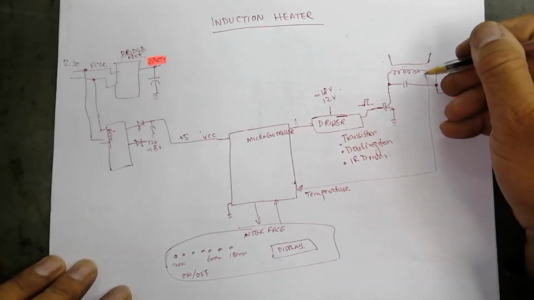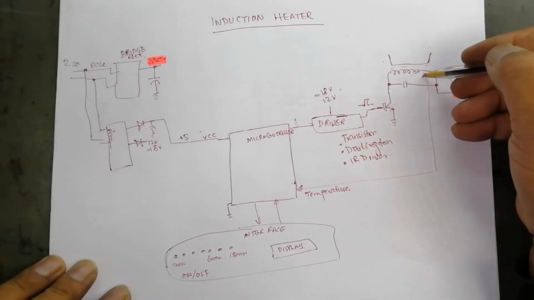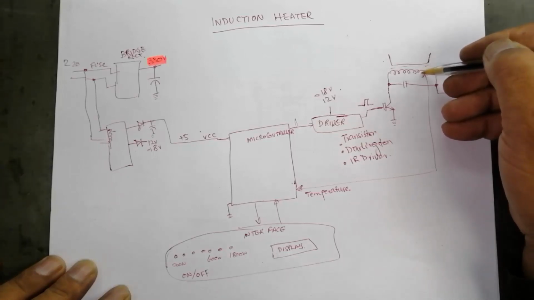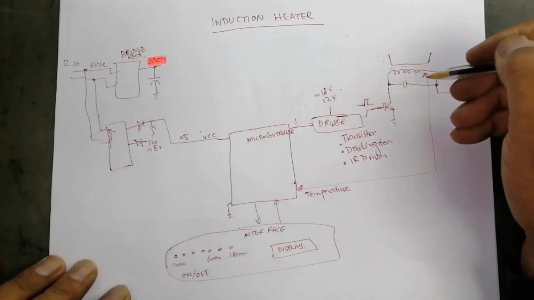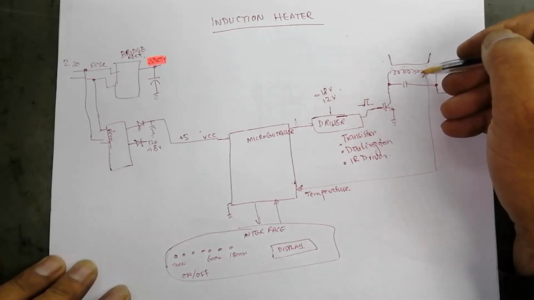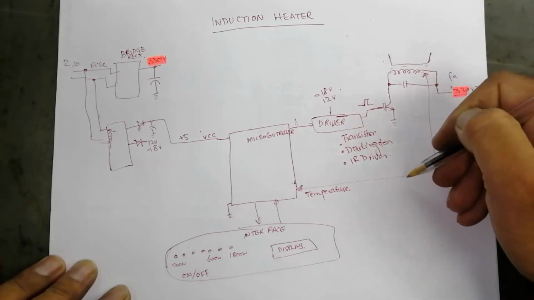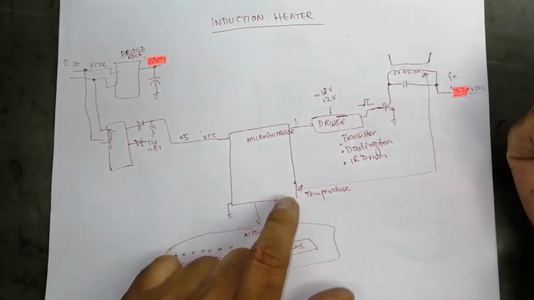In this temperature signal, sometimes they use a thermistor, NTC, or any probe which is very close to this cooking sheet, and then it will sense the temperature, and it is very finely calibrated to give the temperature feedback.